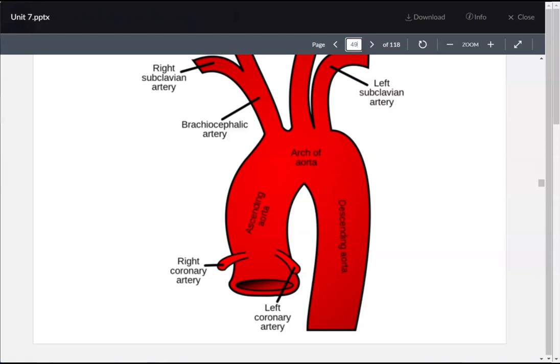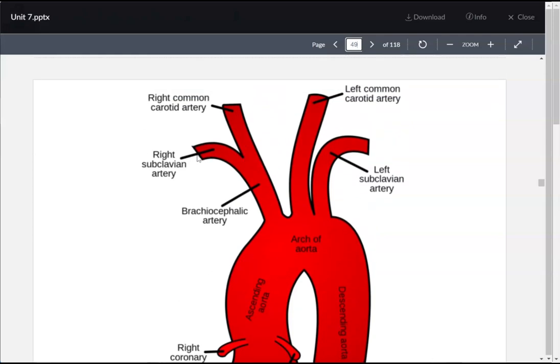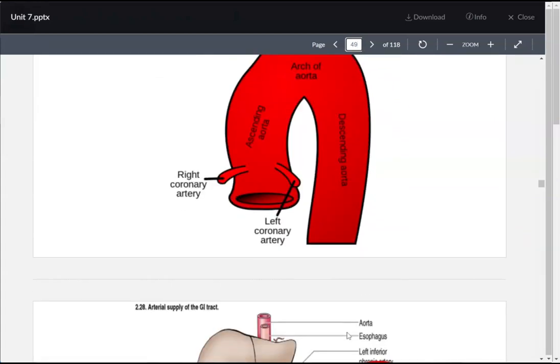At the top, it's referred to as the arch of the aorta, and you have your brachiocephalic artery as your first branch. That is going to branch into the right subclavian and right common carotid arteries. We have then the left common carotid artery coming off the aorta, and then the left subclavian before it comes down behind the heart and starts running along the spinal cord, becoming the descending aorta.